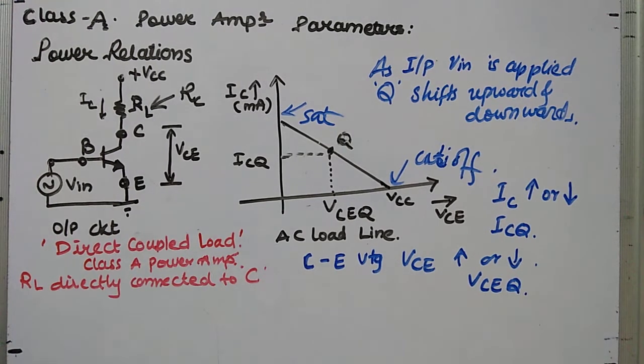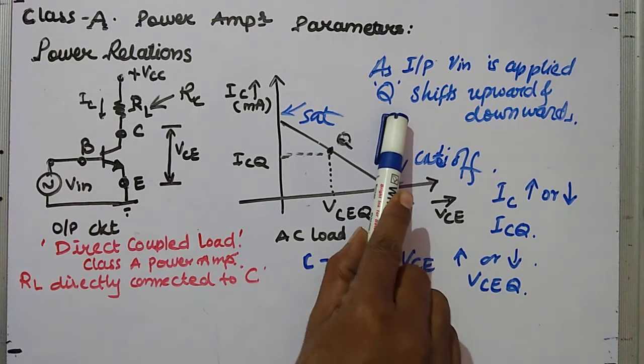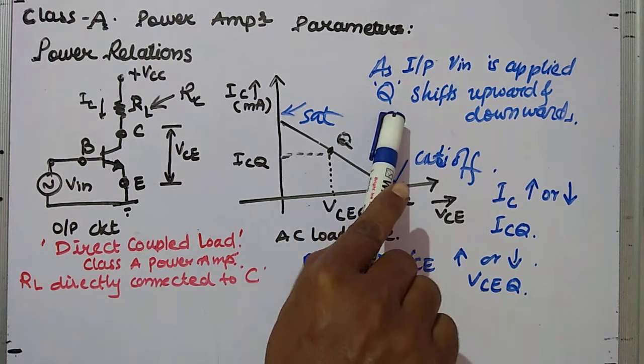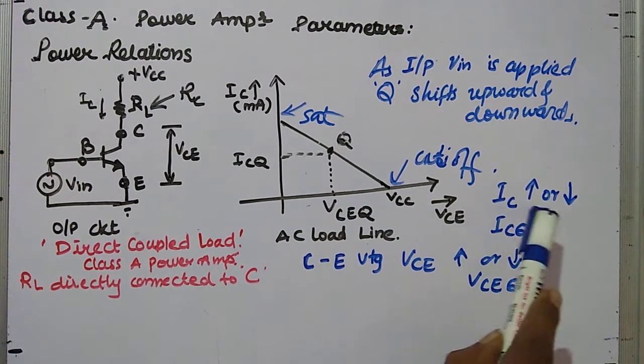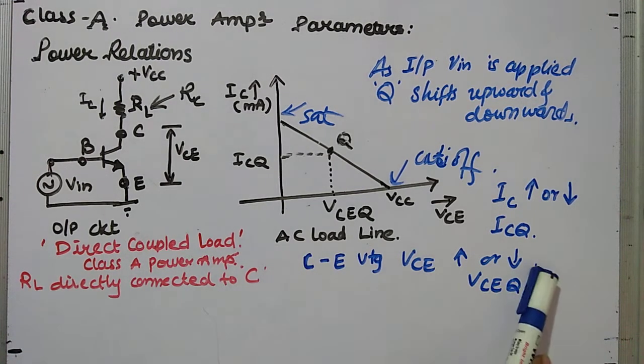So why are there variations? Because the operating point of the transistor is shifting, and as the Q point shifts, our output current and output voltage are increasing or decreasing.